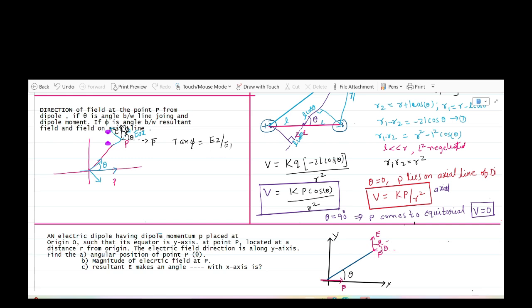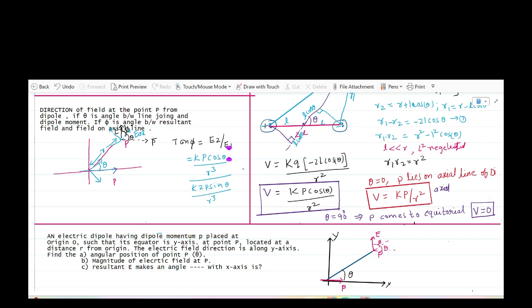So now E2 is equal to K into the equatorial line field, P cos theta by R cube. Let's consider R is the distance of the point P from the dipole. Then E1 is equal to the axial line field, K into 2P sin theta by R cube.